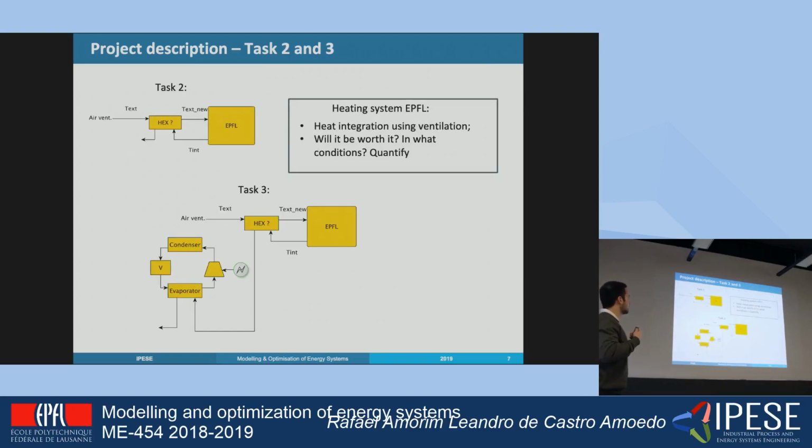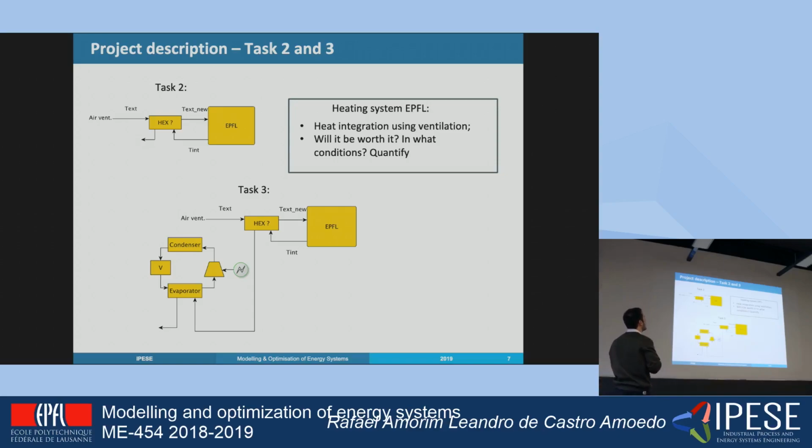The second task is that we should use the ventilation from EPFL. We have some heat coming out of EPFL in the form of warm air. And we have some air coming in from the outside at the temperature of T external. We would like to check if this implementation is viable.